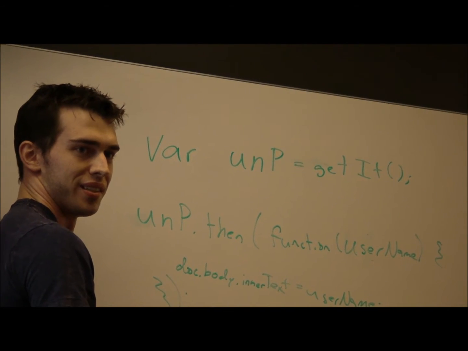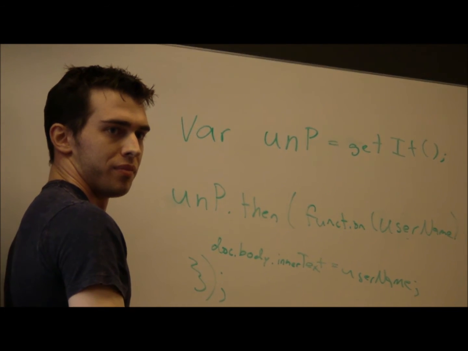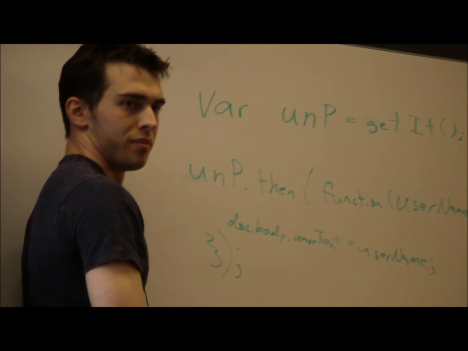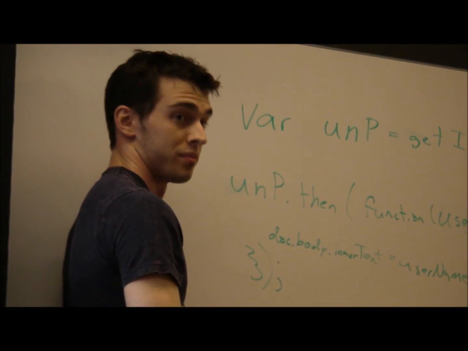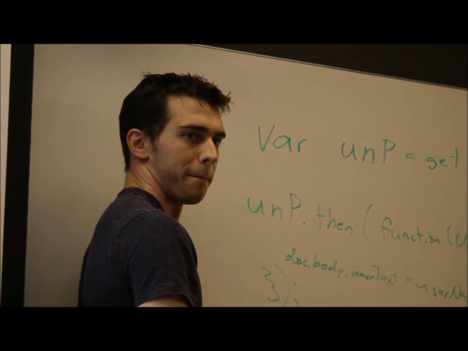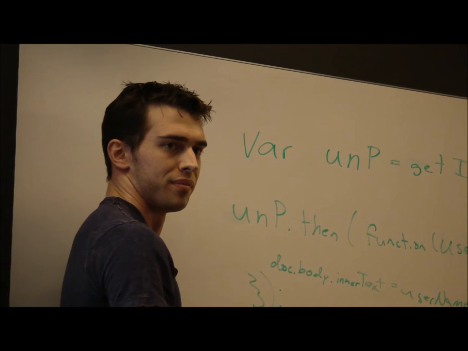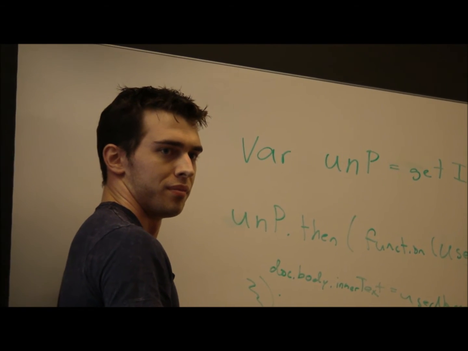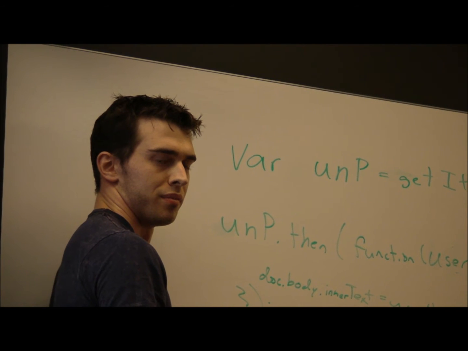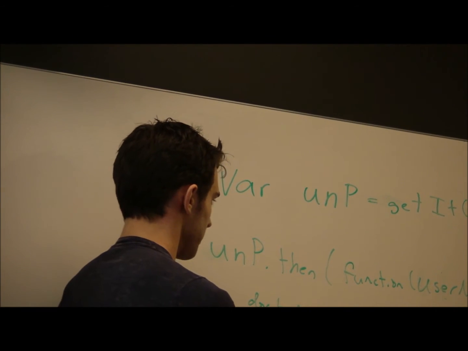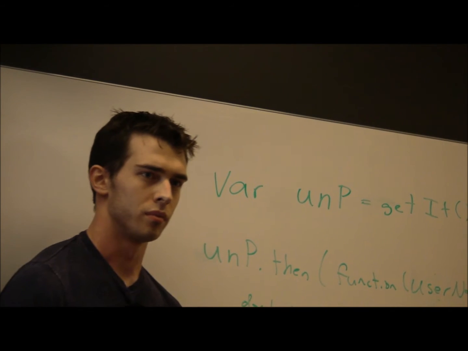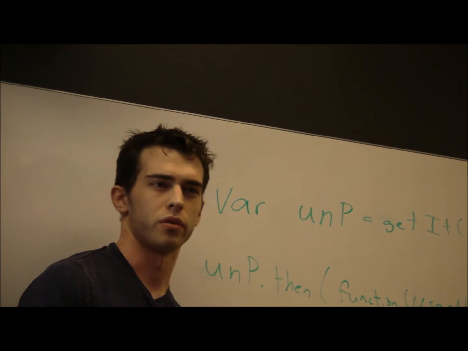So I have a question. You mentioned that you can chain promises. So I presume you could do something along the lines of promise 1, then promise 2, and so on. If you do those things, how do you differentiate between what is going into then as a promise and as a state? What do you mean, promise or state?